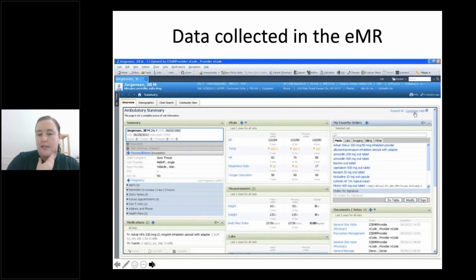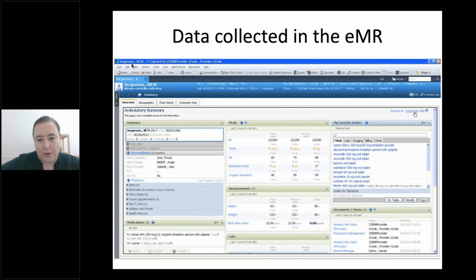And just to give you an idea, if anybody has not seen the eMR, of what potential information we can collect. As Charmaine mentioned, there is structured and unstructured data. We focused more on the structured data initially. This is taken off the web, so it's not someone's information.